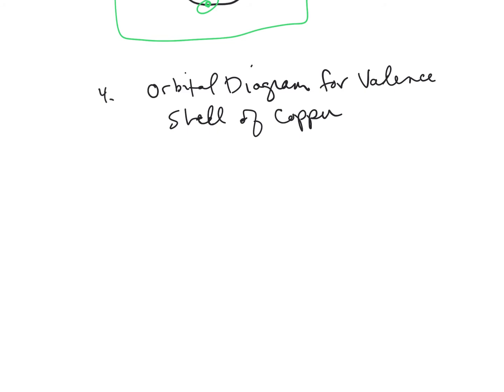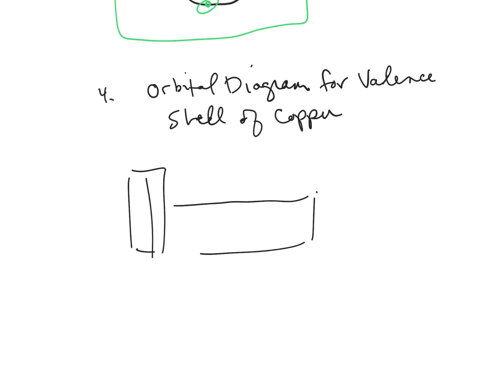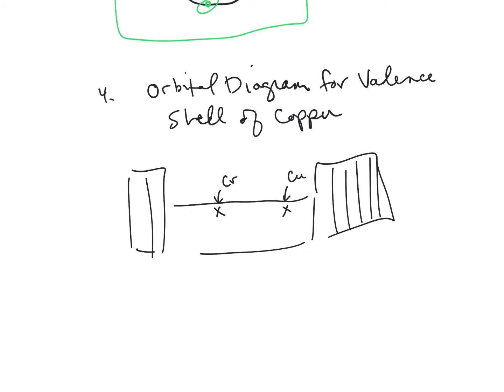Now if you look in the periodic table, you know how you've got these sections? We're talking about this element and this element. You have copper and chromium. So this one is chromium, this one is copper.